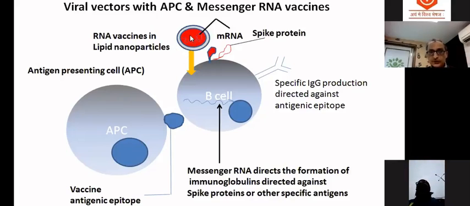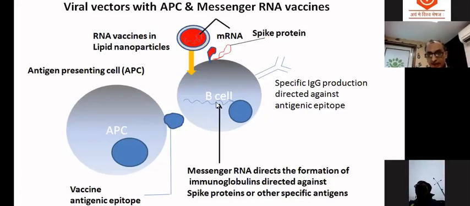It goes into the body once it is injected, and the B cells will take it. This messenger RNA directs the formation of immunoglobulins directed against a particular protein. Here, for the coronaviruses, it is directed against the spike protein, the S protein, or other specific antigens.